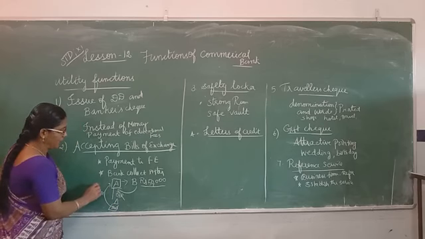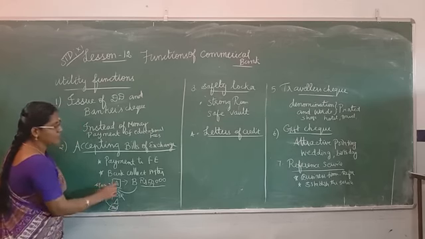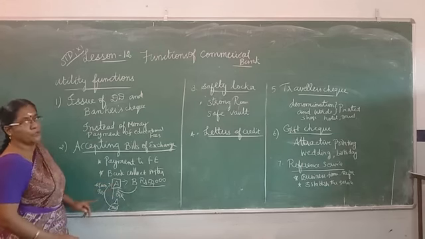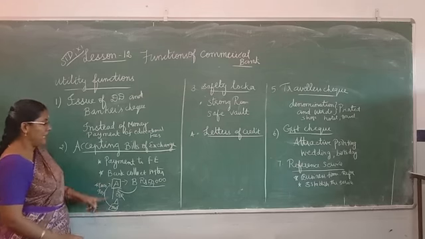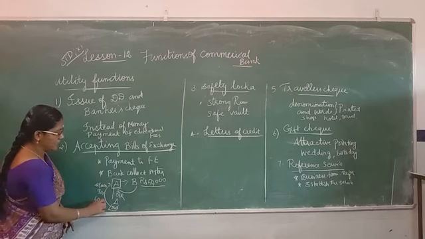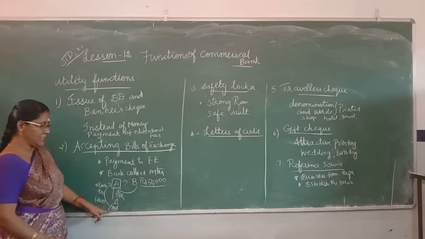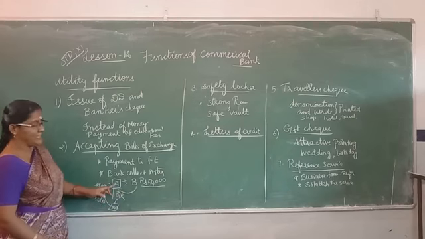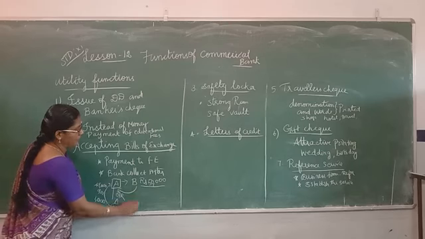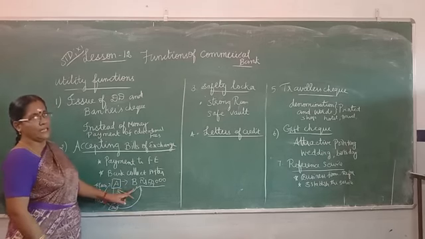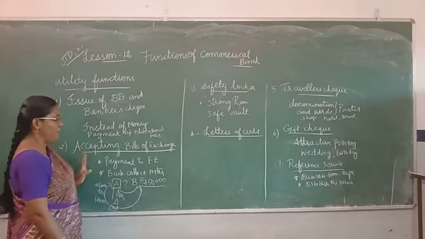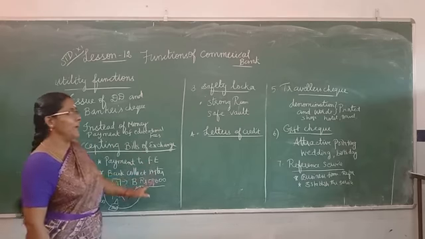The bank will pay 49,000 rupees when he brings the bill of 50,000 rupees. Afterwards only 1,000 rupees the bank takes as charges. So before 3 months he is getting the money. After 3 months the bank will collect the money from B. That is called accepting the bill of exchange.